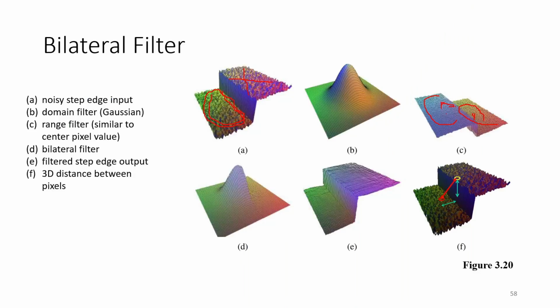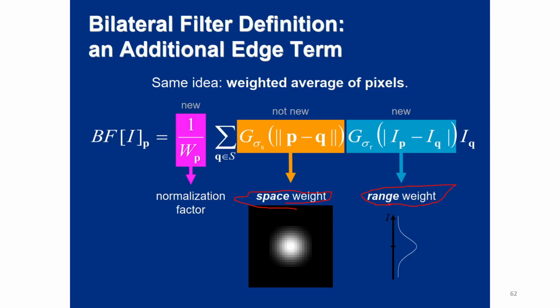Here, this is the range weight. It will be calculated based on the similarity of the pixel or the region to its surrounding pixels. Okay, apply the two types of weights and then sum them up and normalize with a factor. It will become the bilateral filter.